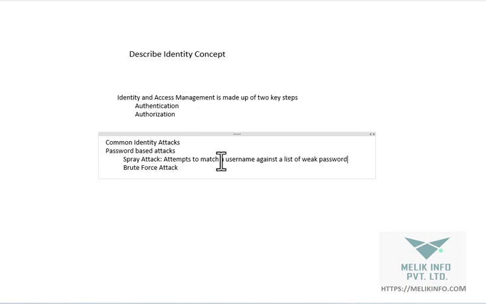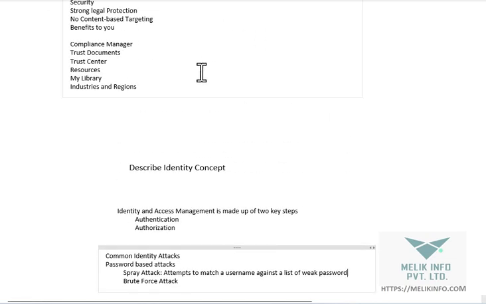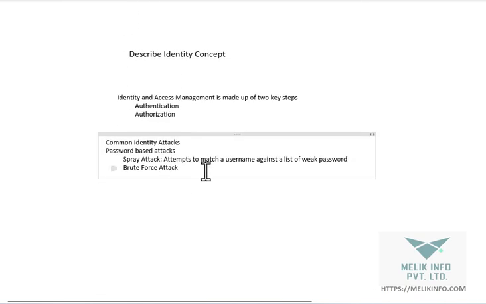So there is a list of users, or the user is there, and it tries to match the password. If you use a weak password, then it will try to crack it.